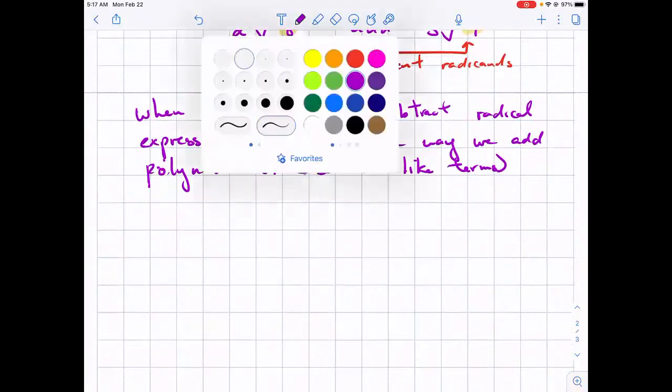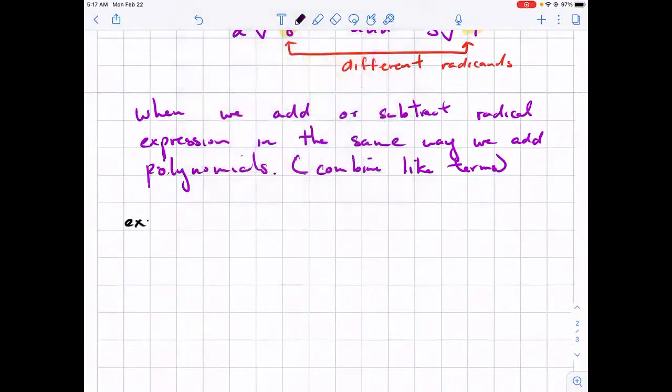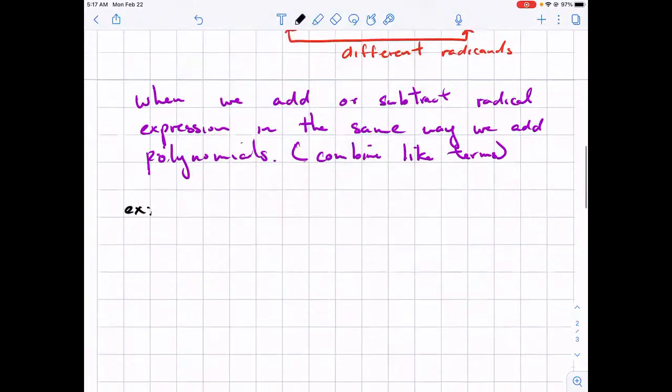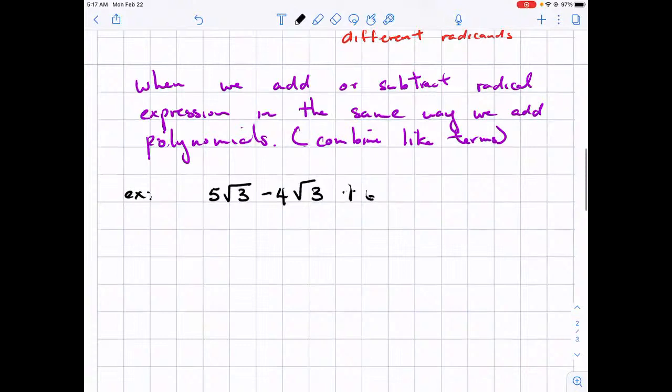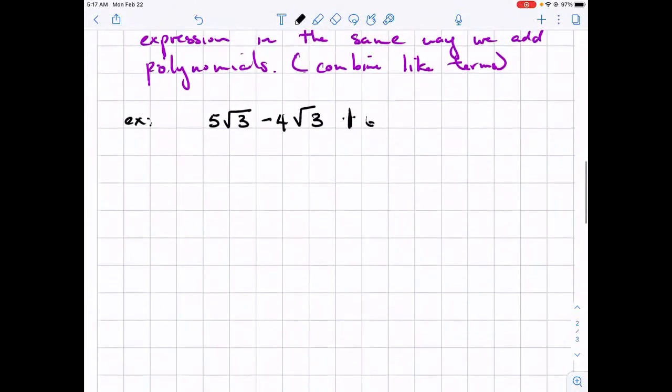So, for example, if we have 5 square root of 3 minus 4 square root of 3 plus 6 square root of 3.